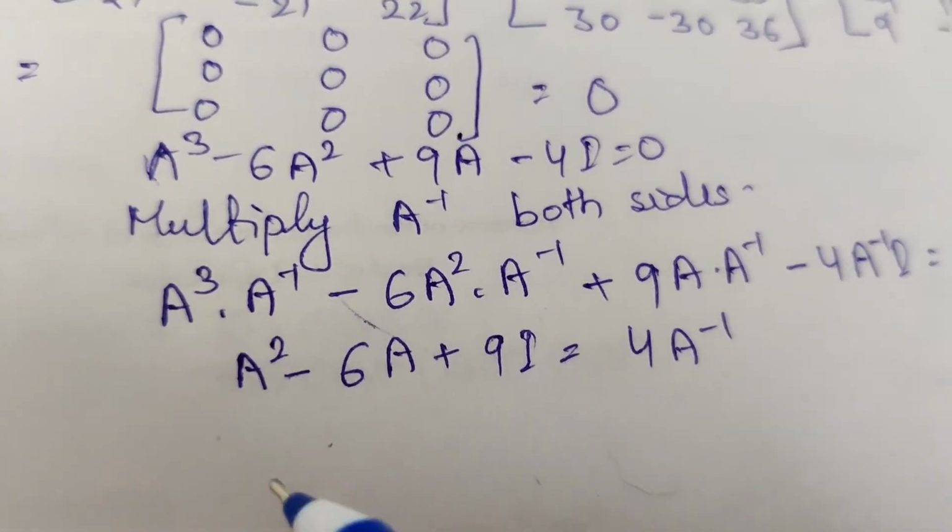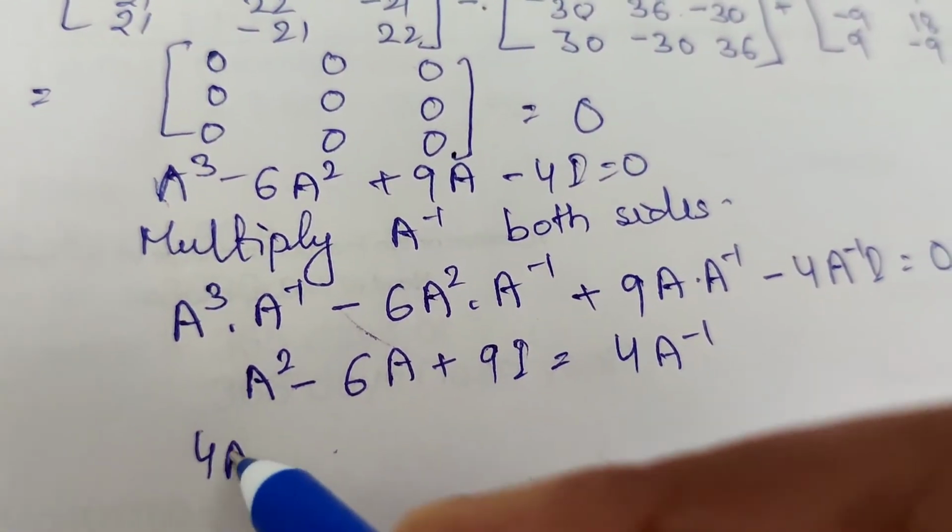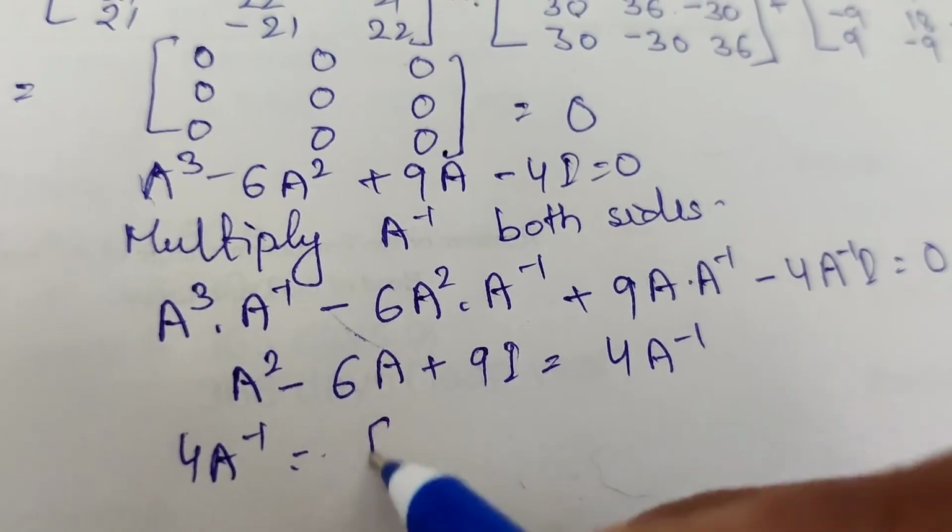Okay. Now put the values of all the elements. 4A inverse equal to A square.